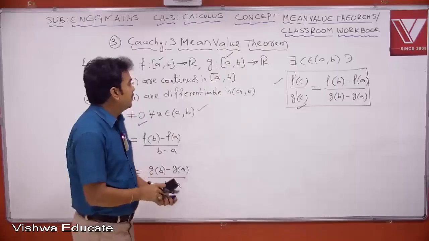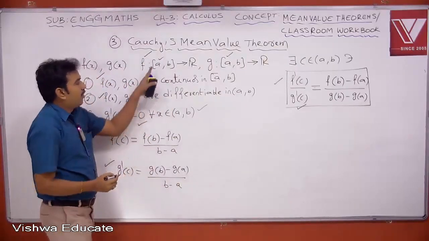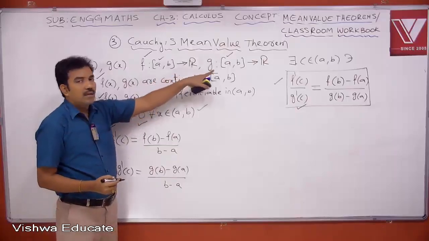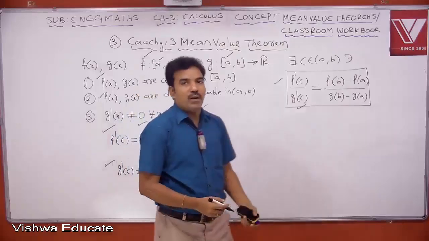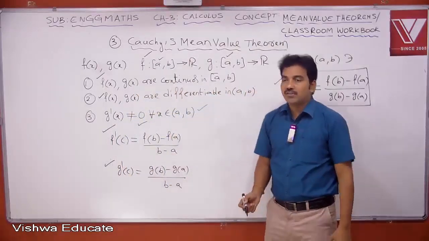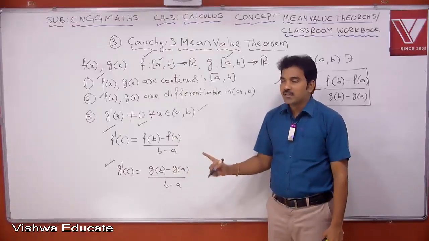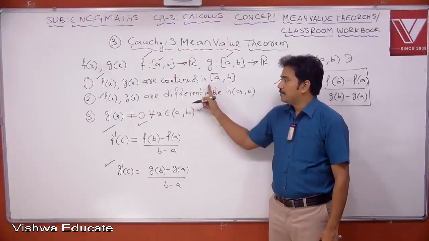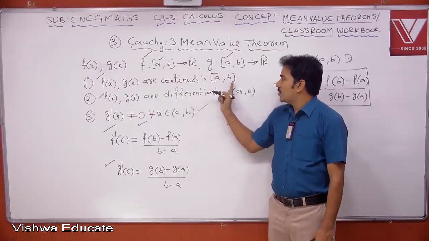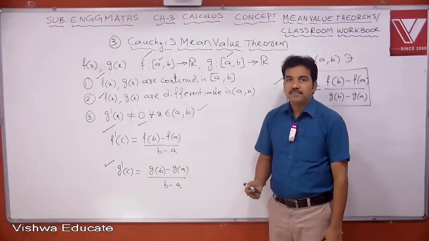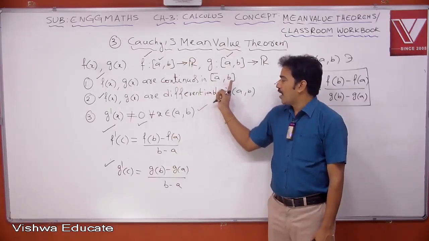Let f from closed interval a comma b to R, and g from closed interval a comma b to R, be two functions such that, condition number 1: f of x comma g of x are continuous in closed interval a comma b.